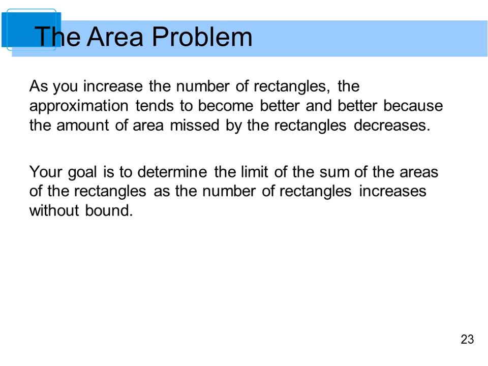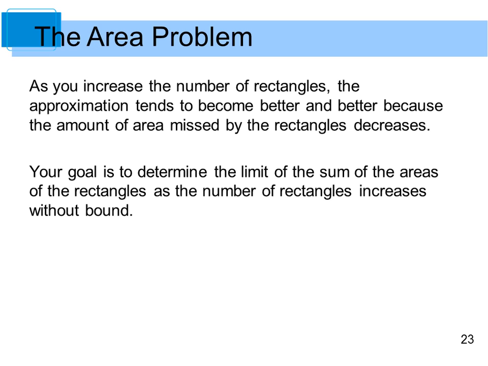But as you increase the number of rectangles, it says here the approximation tends to become better and better. The amount of area missed by the rectangles decreases. So the goal would be, if we do this an infinite number of times, instead of saying we have 256 rectangles, if we keep increasing that exponentially an infinite number of times, that's going to approximate the area under the curve very, very good.